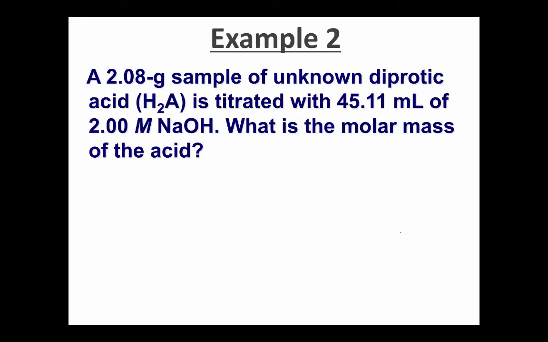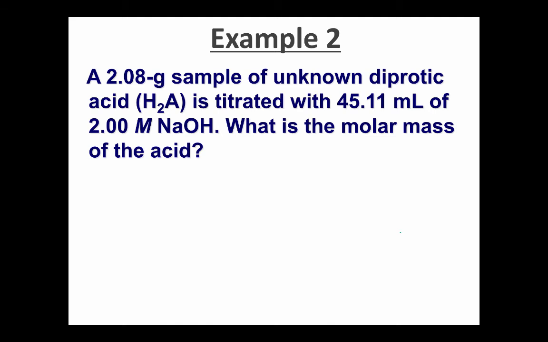Let's give this a try. Example 2 reads, a 2.08 gram sample of unknown diprotic acid, H2A, is titrated with 45.11 milliliters of 2.00 molar NaOH. What is the molar mass of the acid?